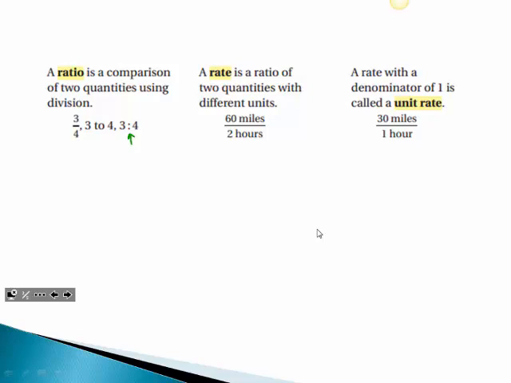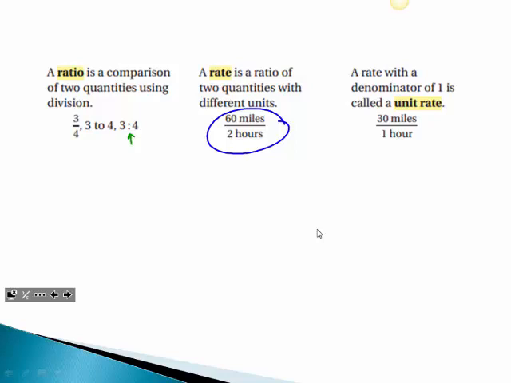They're all talking about inches, or hours, or miles, or gallons. So that's why they didn't write the units. With a rate, if you look here, they write the units because they're different. So 60 miles over 2 hours. Those numbers are talking about 2 different things, miles and hours, so that's a rate, okay?